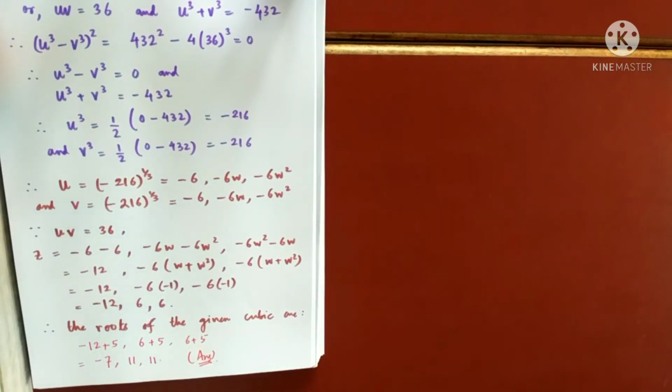Always remember one thing: if the cubic is not in the standard form, you first have to bring it into the standard form, and then solve it using Cardan's method, and then again get the roots of the original equation. So do you want to ask anything?